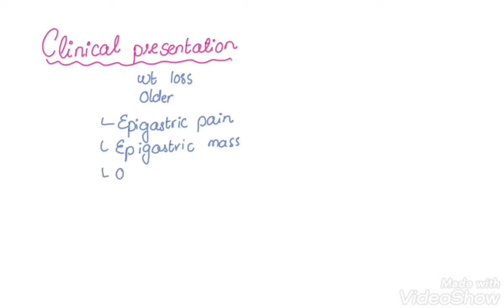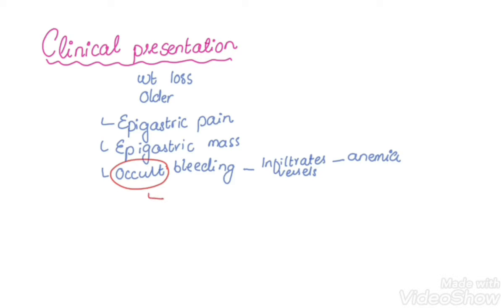Mass may be visible as epigastric mass, and there will be bleeding from the cancer when it infiltrates the vessels, which may be occult and seen only in a stool test, or it may be in the form of hematemesis and melena if the bleeding is significant.